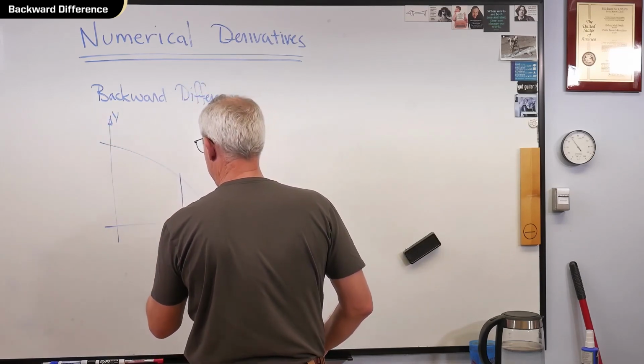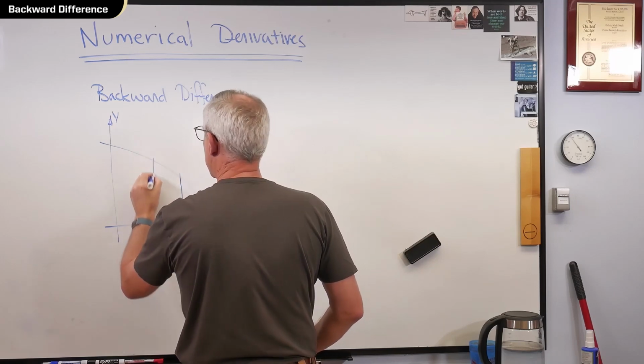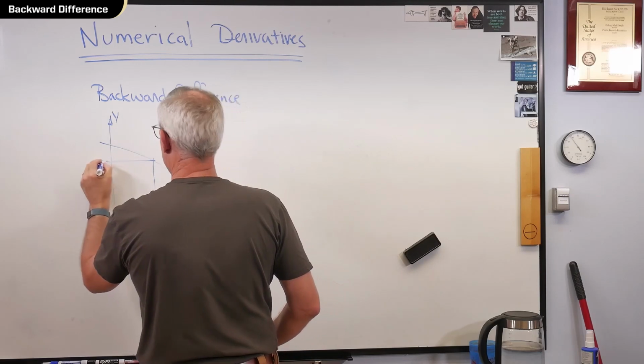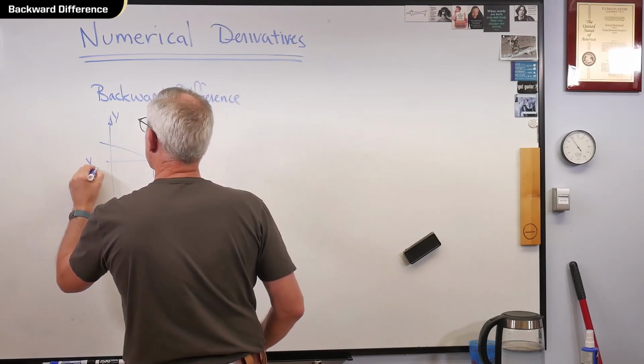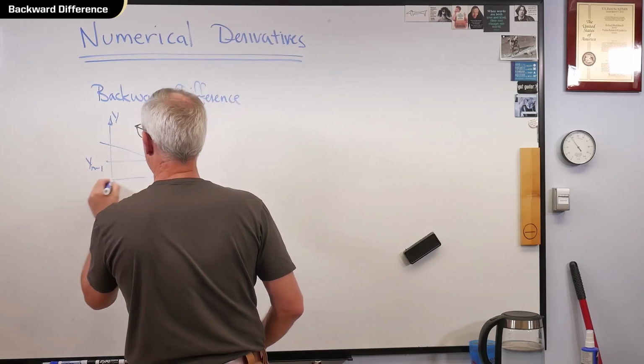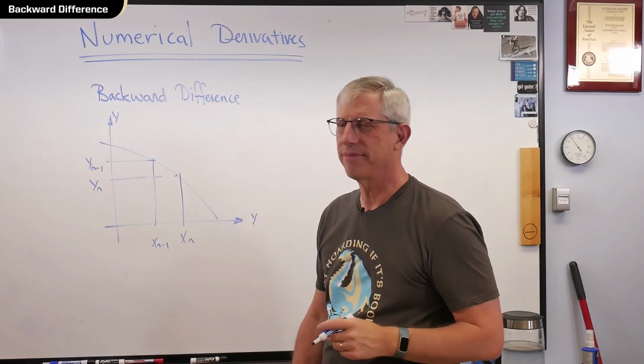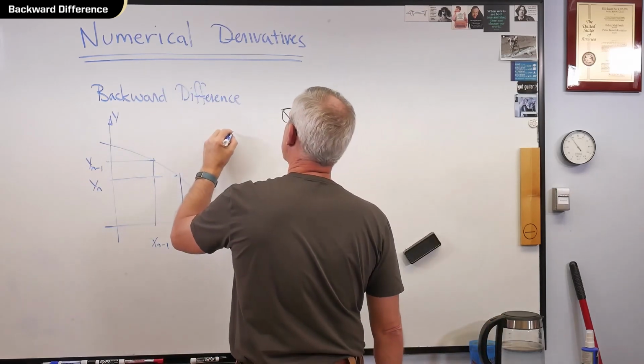I'm going to call that x of n, and that x of n minus 1. That's y of n minus 1, and that's y of n.